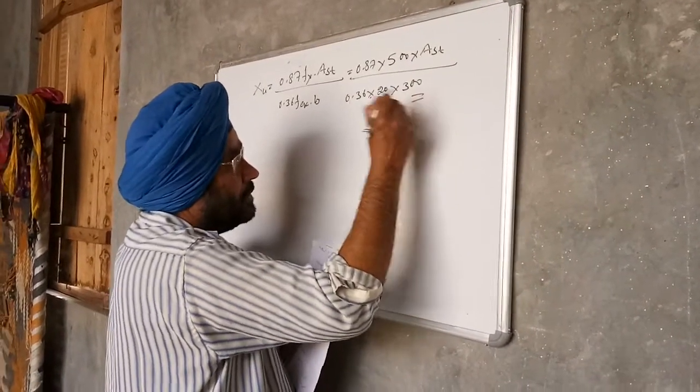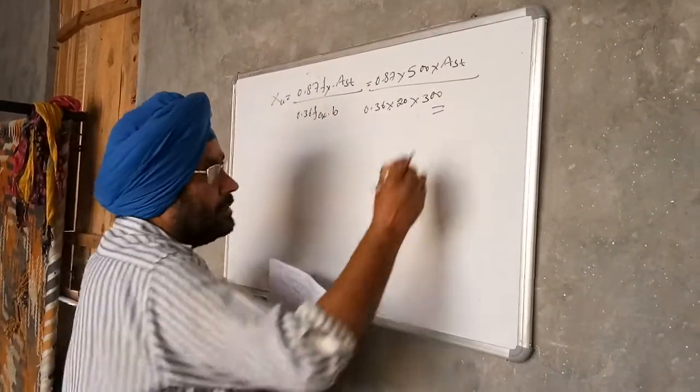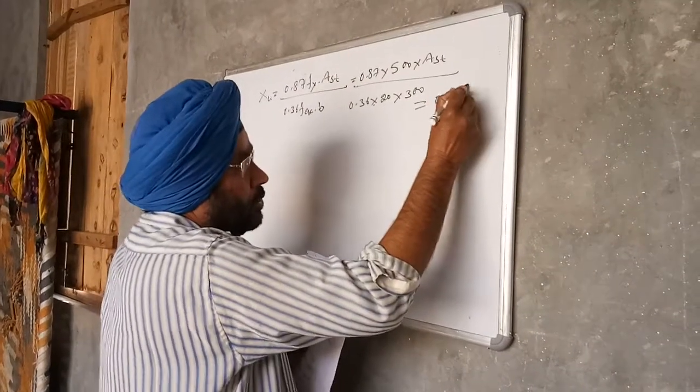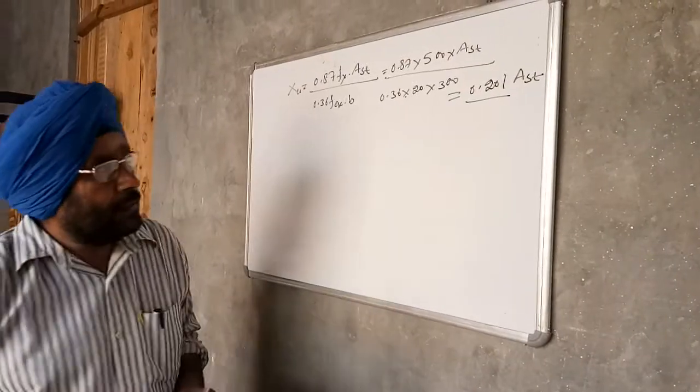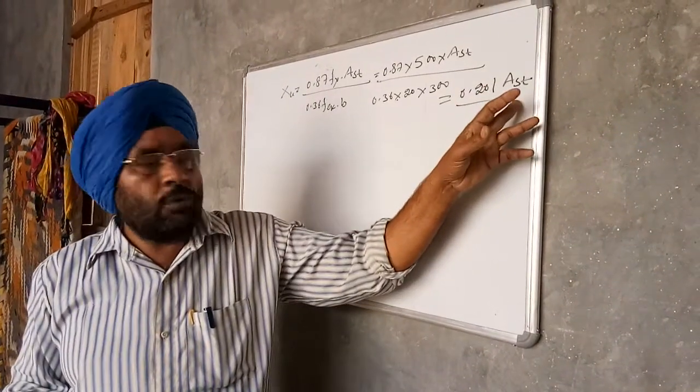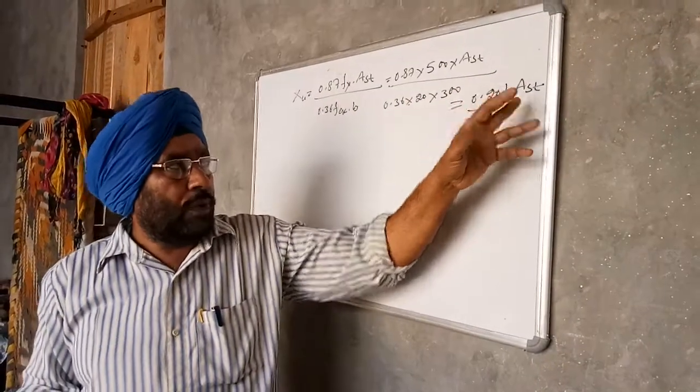Solving this, the depth of the neutral axis is 0.201 AST. So the depth of the neutral axis in terms of the area of the steel is 0.201 AST.